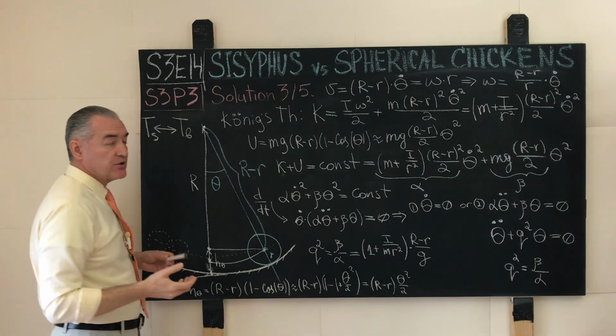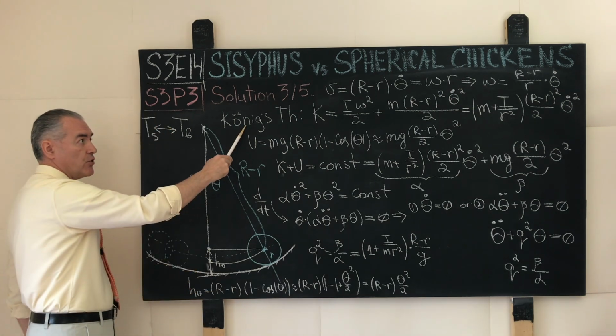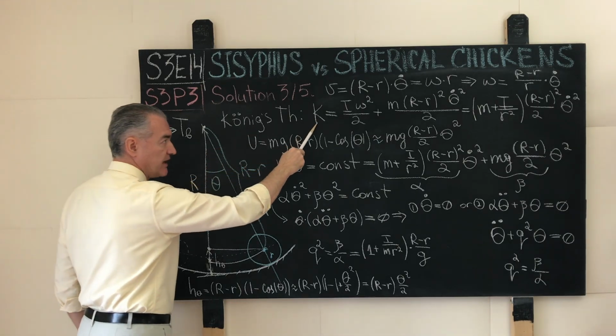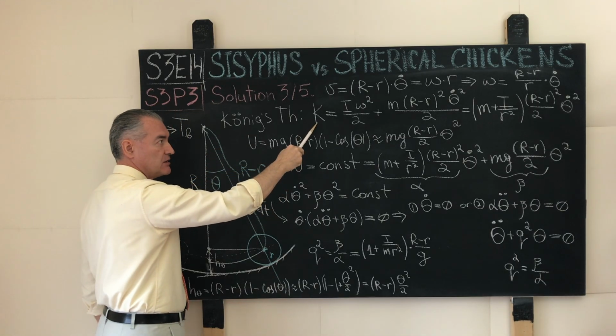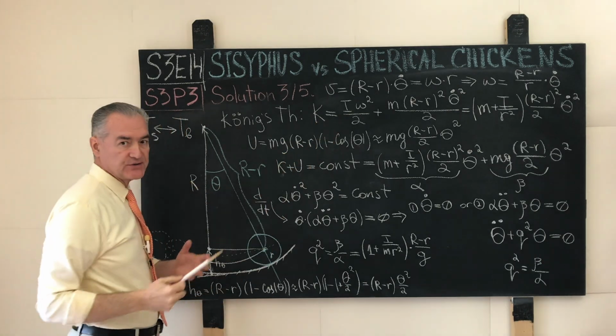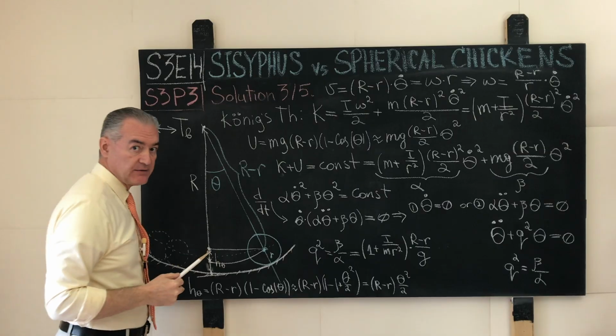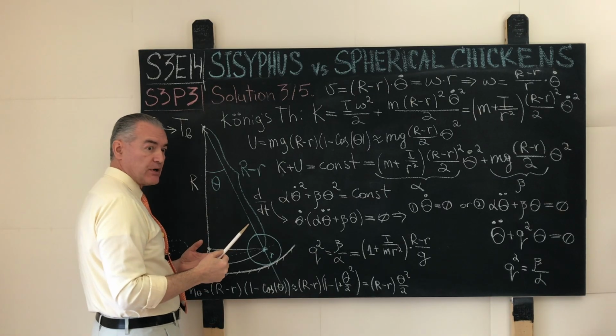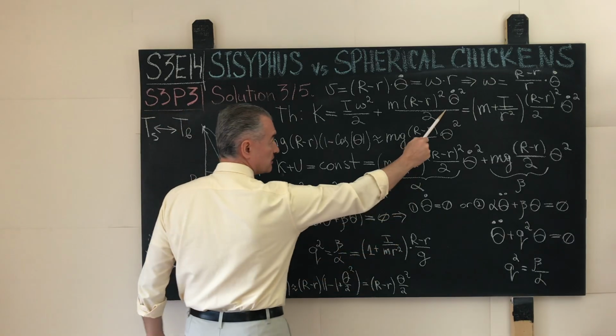Now, next we bring in the so-called Koenig's theorem, according to which the kinetic energy K of our object of revolution is comprised of two parts: the kinetic energy associated with the rotational part of the motion, and the linear motion.